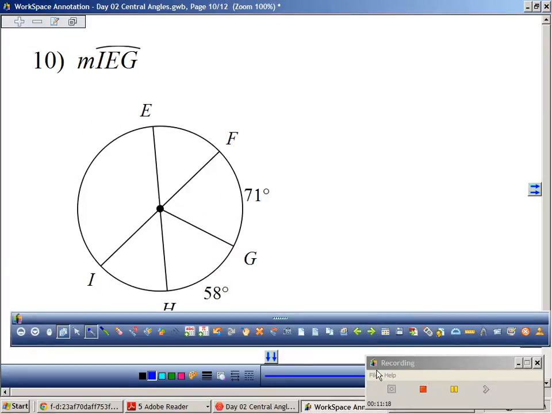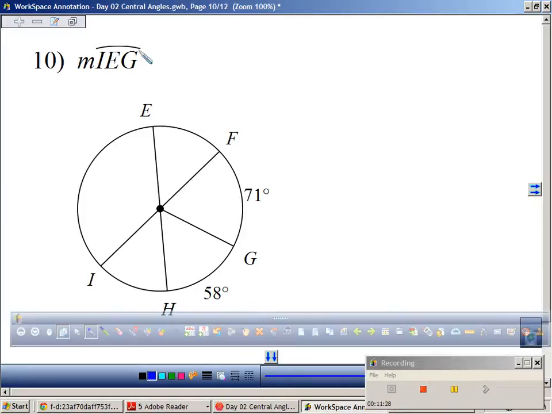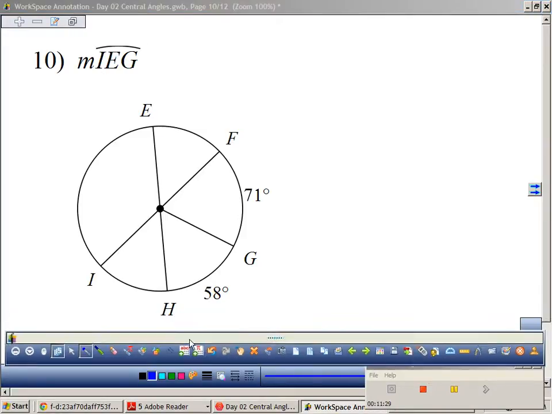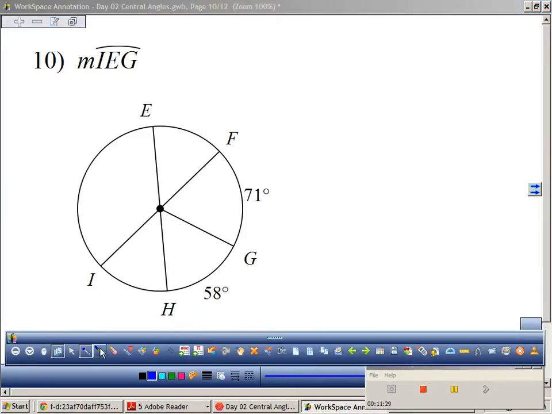Okay, number 10 says find the measure of the arc or central angle indicated. So now I have to find the measure of this arc. Alright, so let's do some investigating here. I've got this arc here. Let me highlight which one I need.